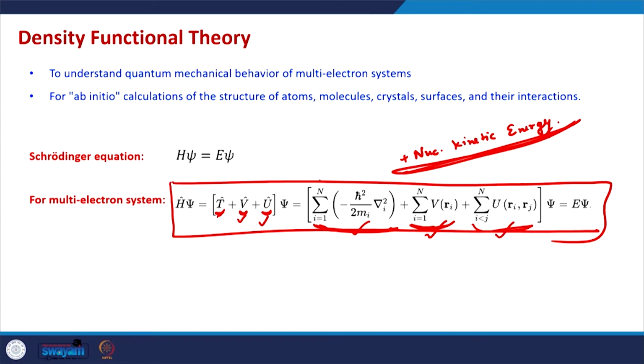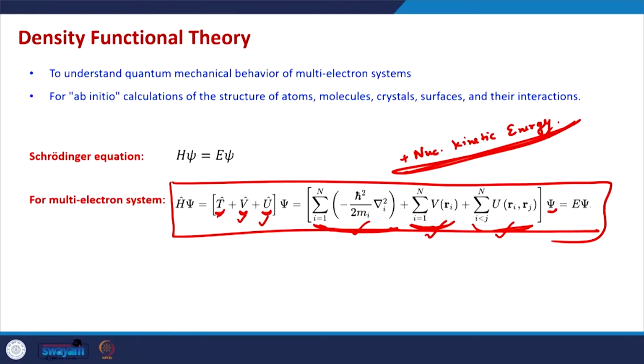And in this N electron system, if we try to find out all the properties of this system, or we are trying to understand this system, we need to finally calculate the wave function of this system. And we need to put this Hamiltonian in the Schrodinger equation, and this is finally what we obtain.